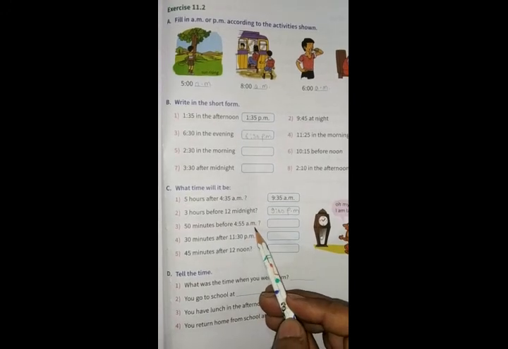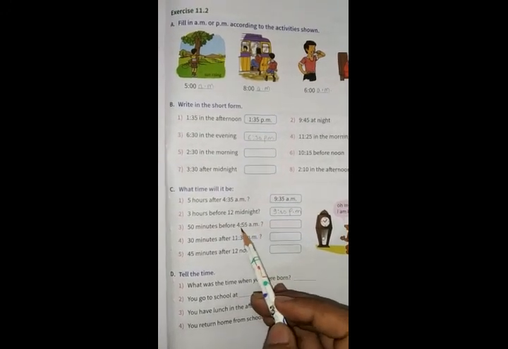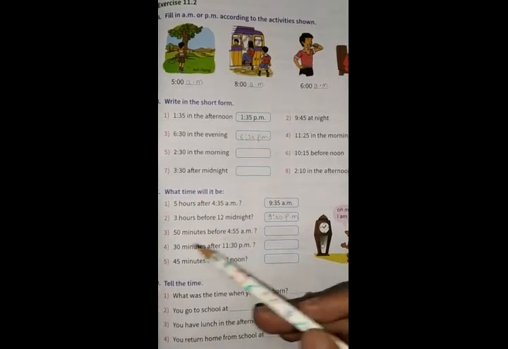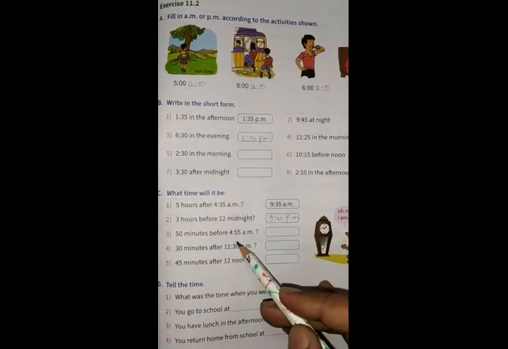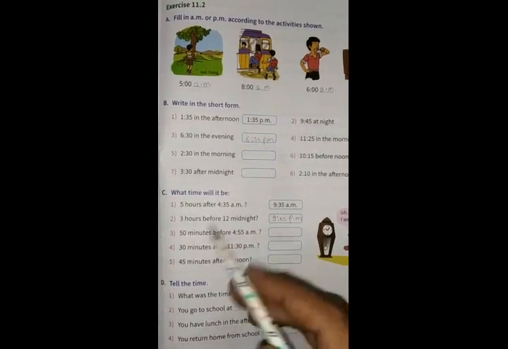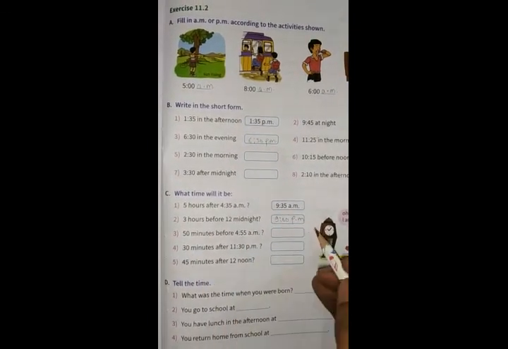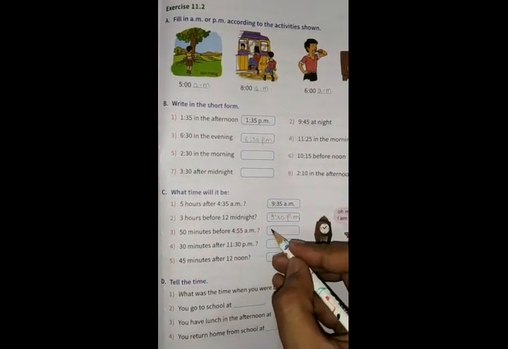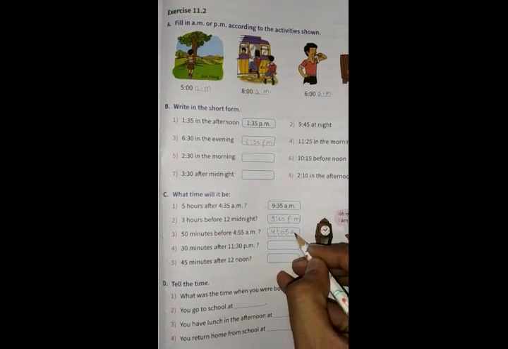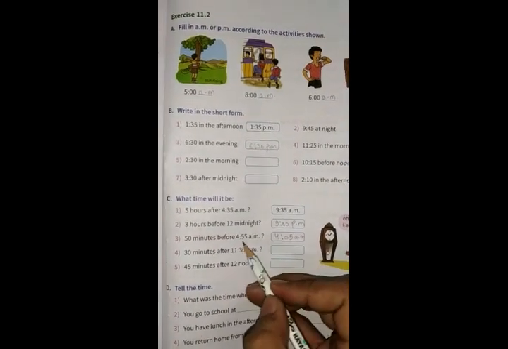50 minutes before 4:55 AM. This is the morning time. Now before 4:55, subtract 50 from 55, because this is minutes and this is also minutes. So when we subtract 50 from 55 we get 4:05 AM.